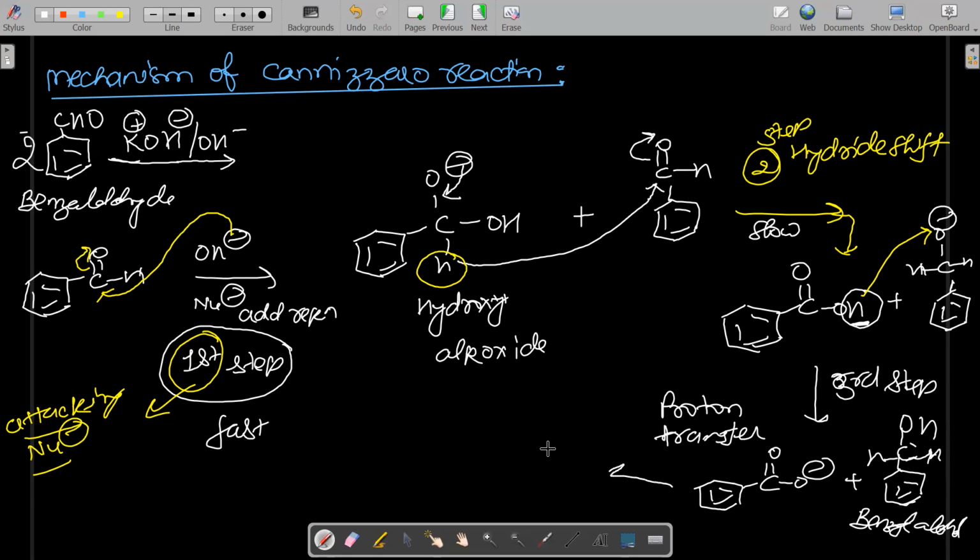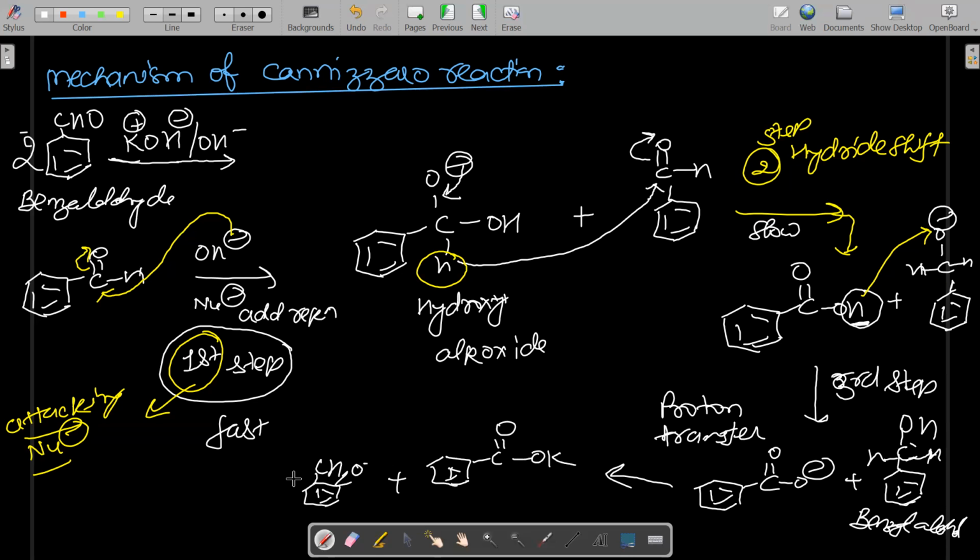So finally, you are getting COOK as a product, that is, O minus attached to K plus, and the second molecule, which I have already written, is benzyl alcohol.